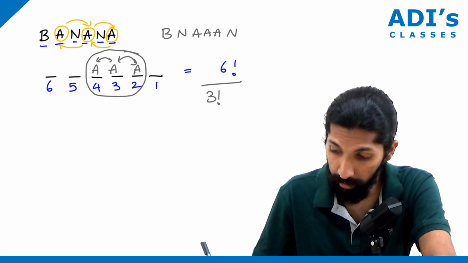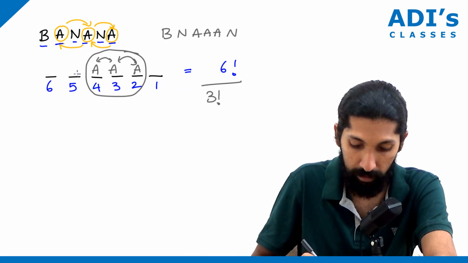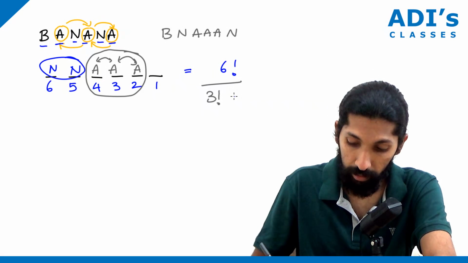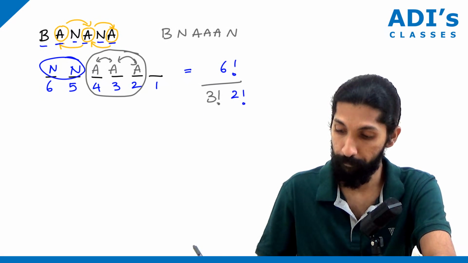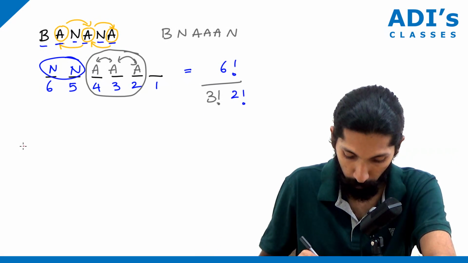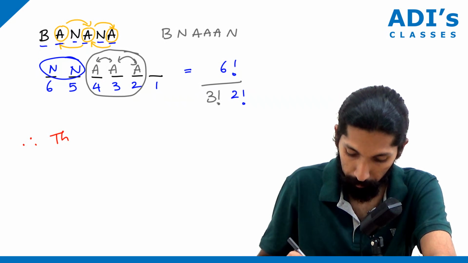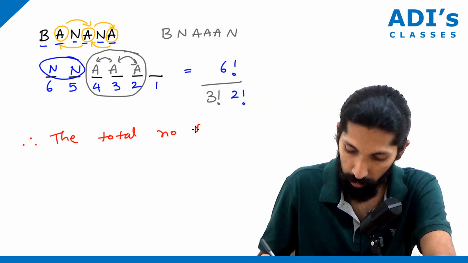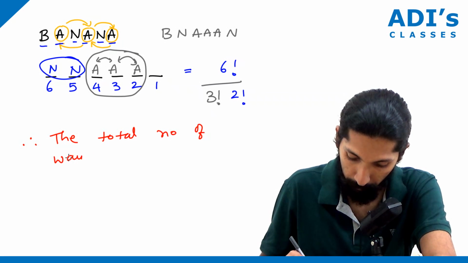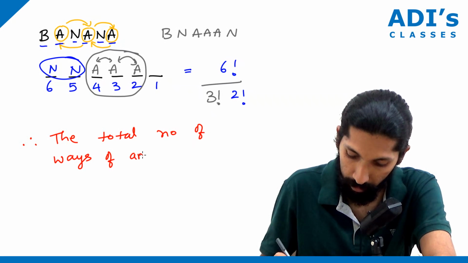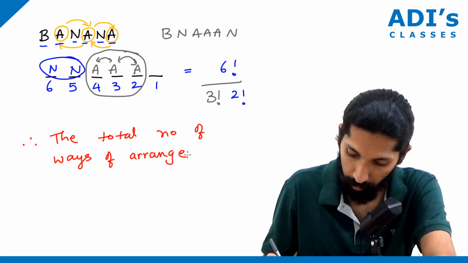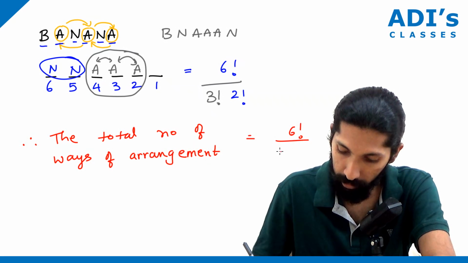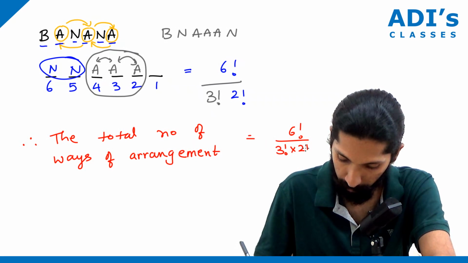Likewise, which other letter is repeated here? N is repeated twice, so again 2 factorial. Therefore, the total number of ways of arrangement will be 6 factorial divided by 3 factorial into 2 factorial.